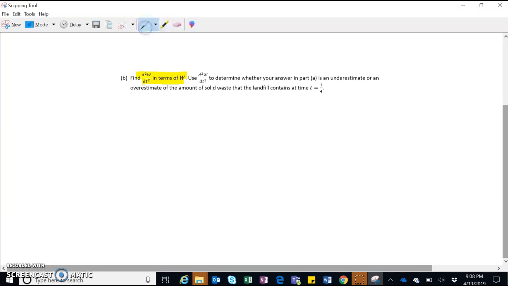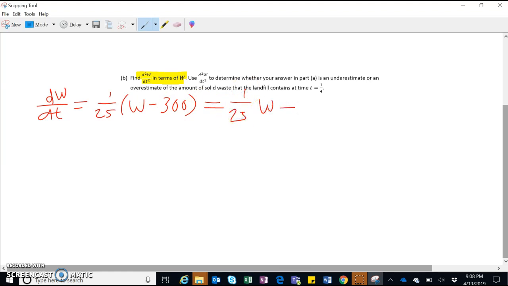So again, let's not forget what we already know to be true. The first derivative of this function is 1 over 25 times W minus 300. Or if these parentheses bother you, how about 1 over 25 times W minus 12? I promise 1/25 of 300 is 12. That's my first derivative.